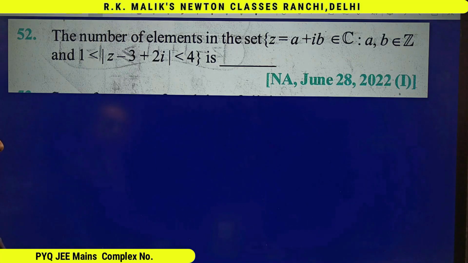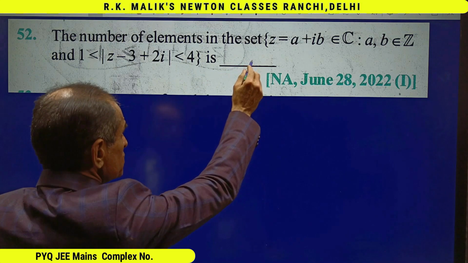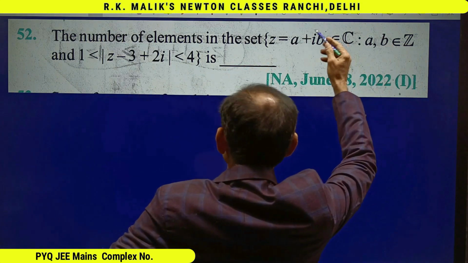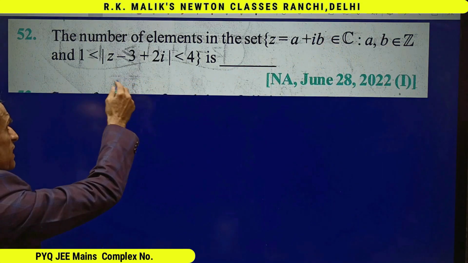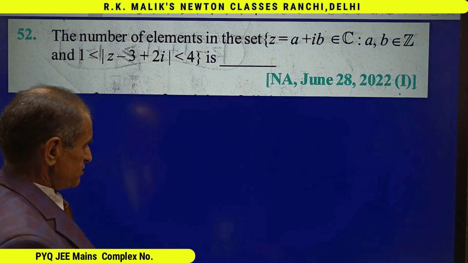In this question, it is given that the number of elements in the set satisfying this inequality is dash.